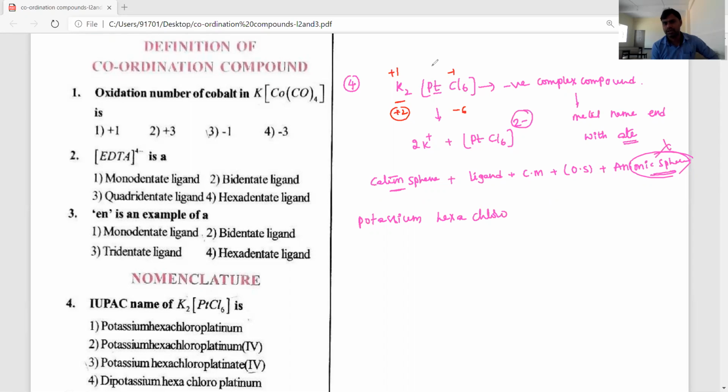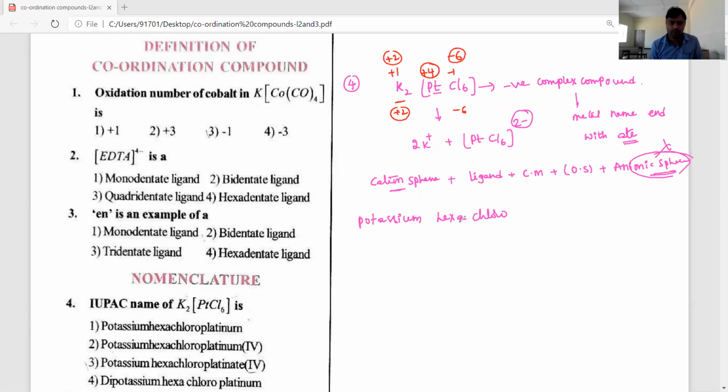The sum is equal to 0, so it becomes +4.